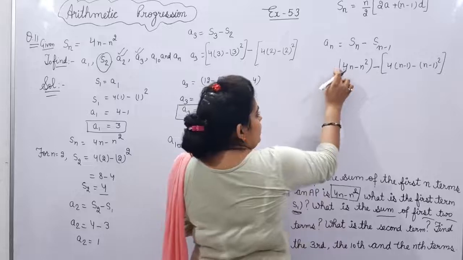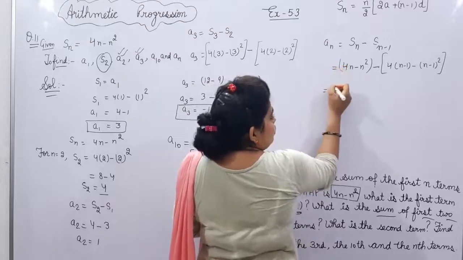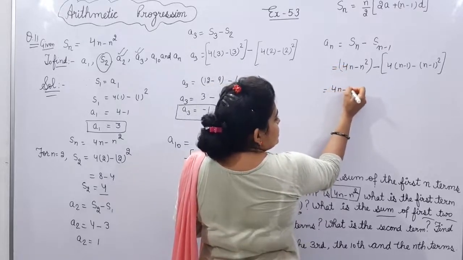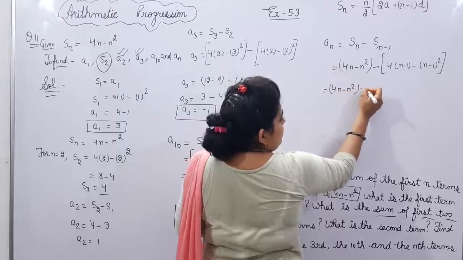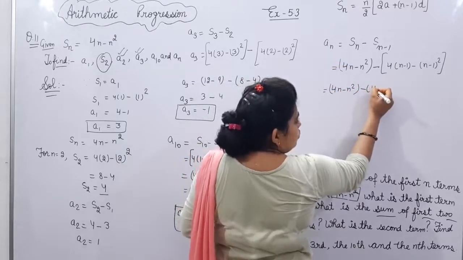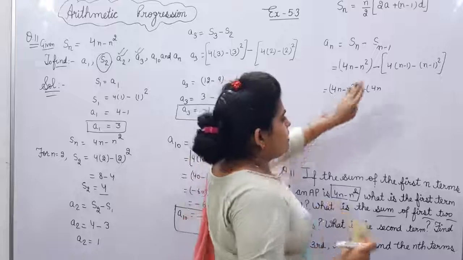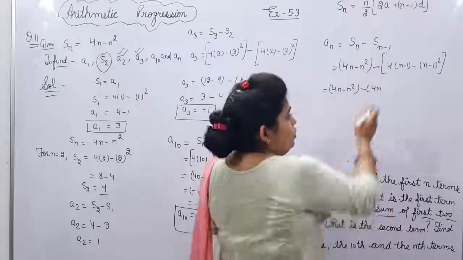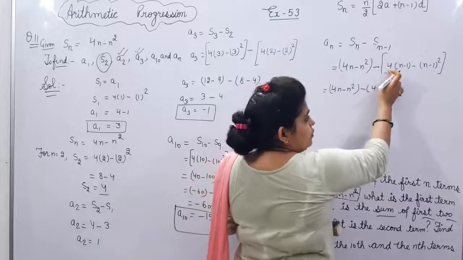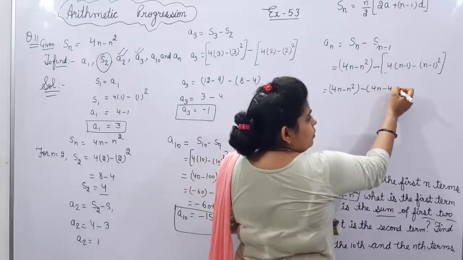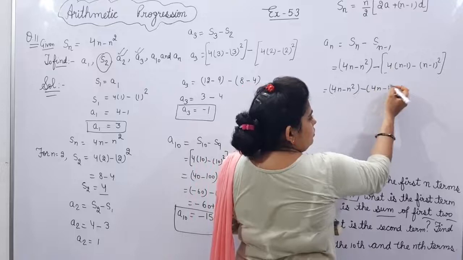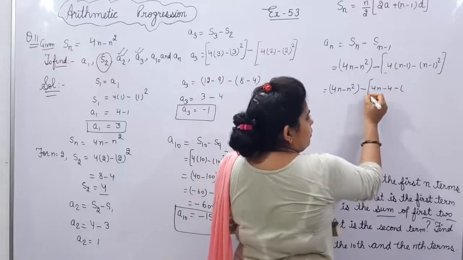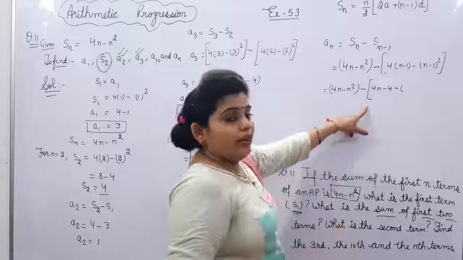Now it is equal to 4n minus n square minus 4 minus, I am using big braces here.